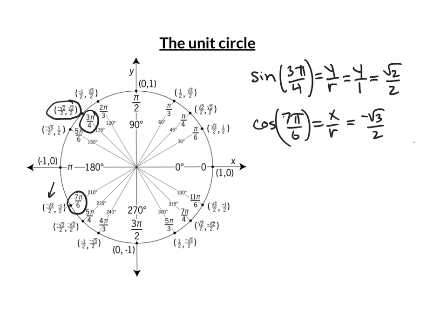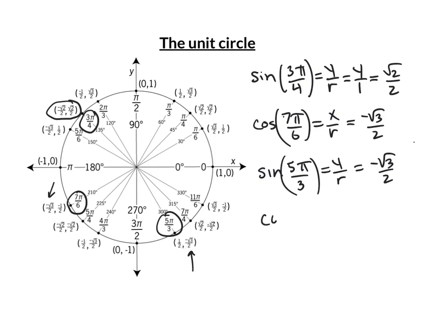And we're done. If I asked you for the sine of 5 pi over 3, well, sine is y over r. Again, r is 1, so I don't need to worry about that. I just look at 5 pi over 3 right there, and sine is y, so it's negative root 3 over 2.